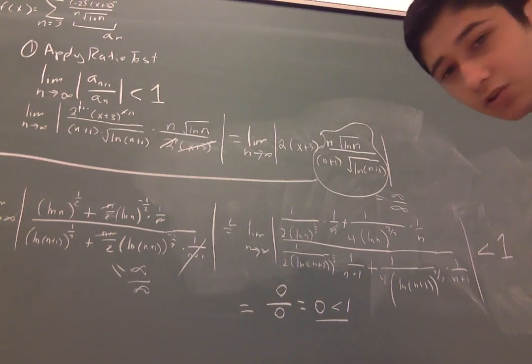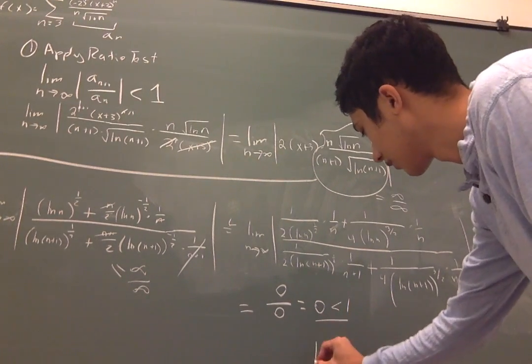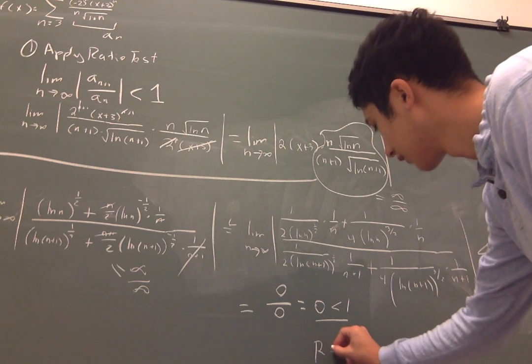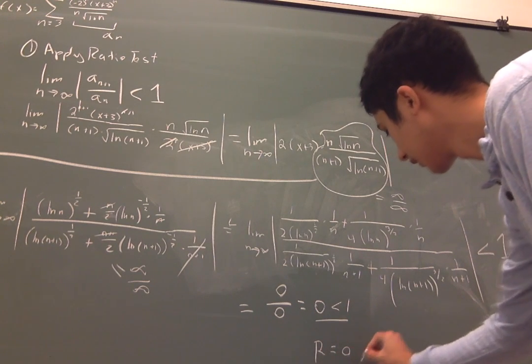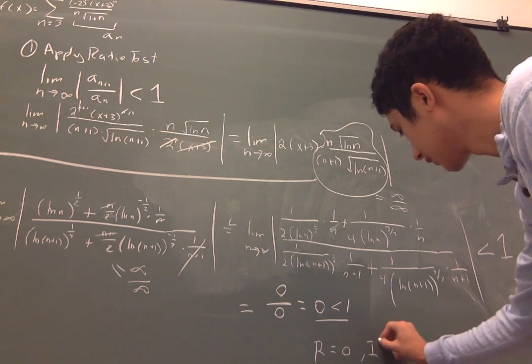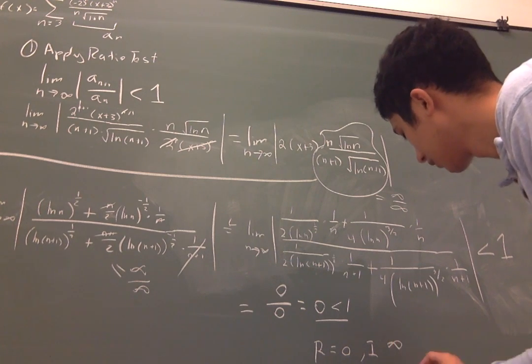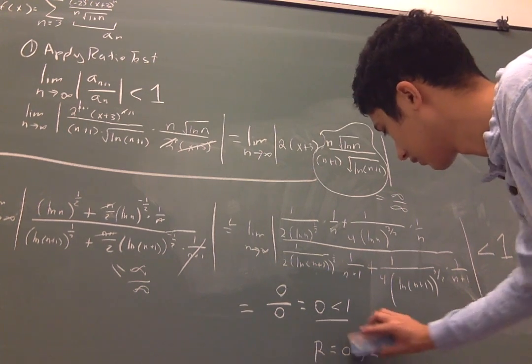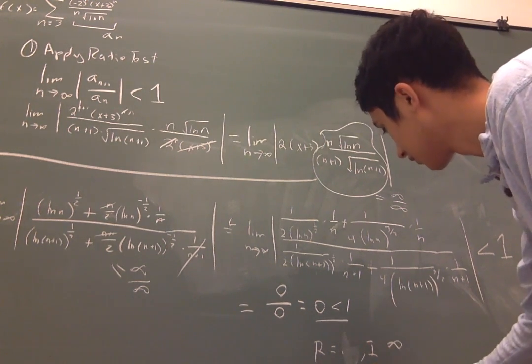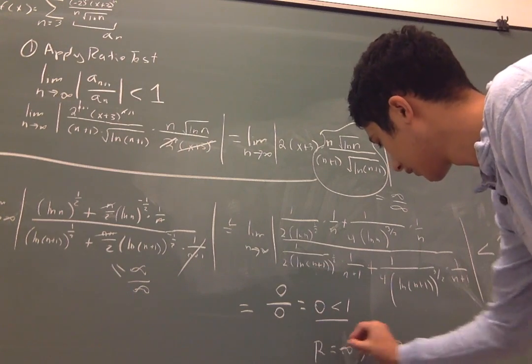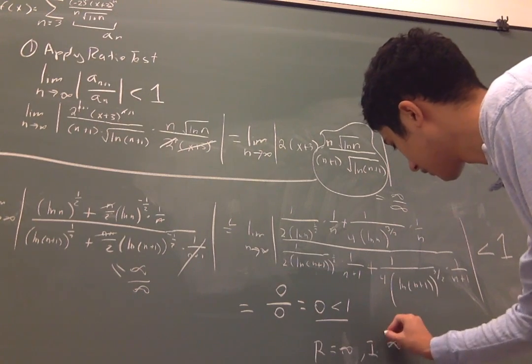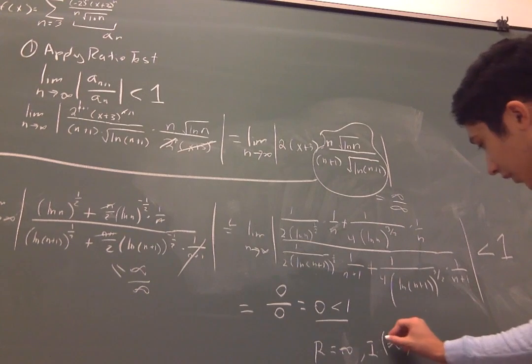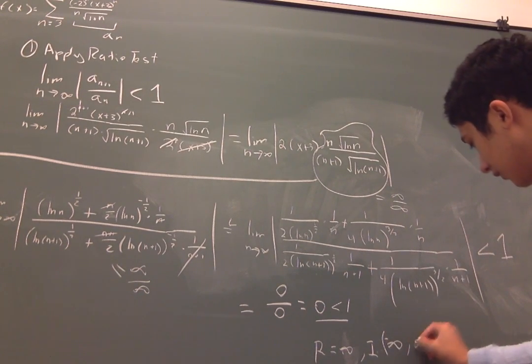So 0 is always less than 1, so the radius of convergence R is equal to infinity, and the interval of convergence is equal to minus infinity to infinity.